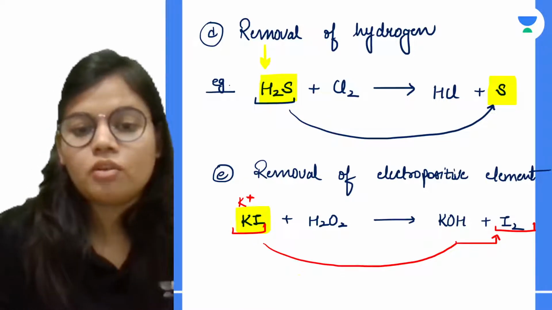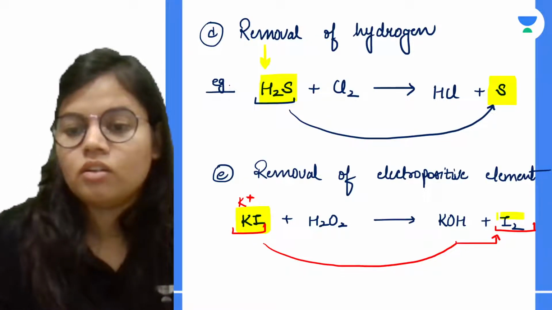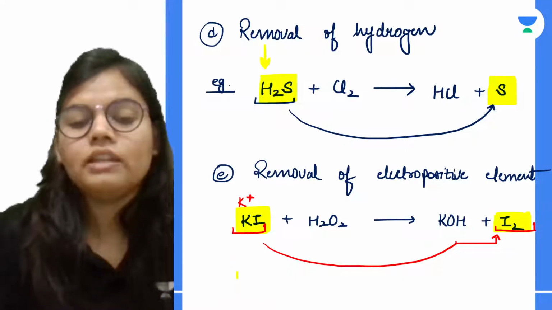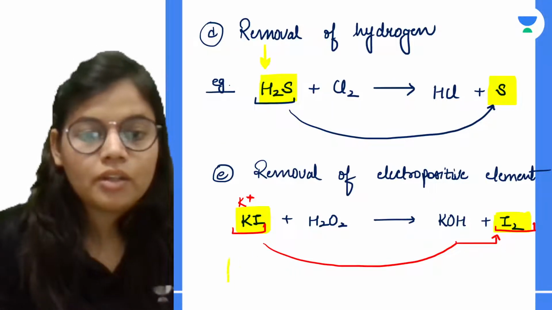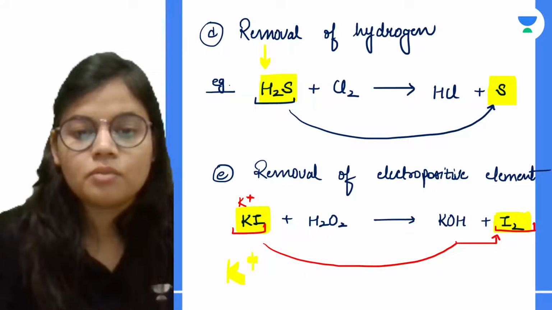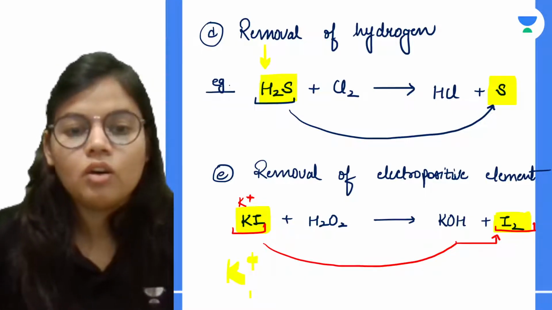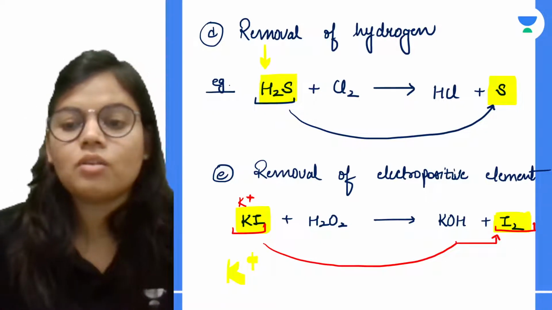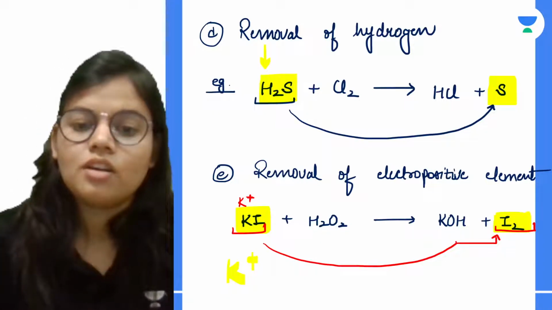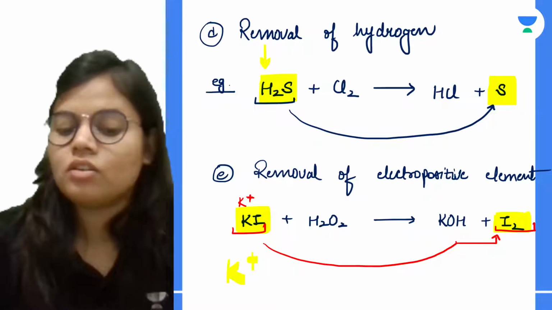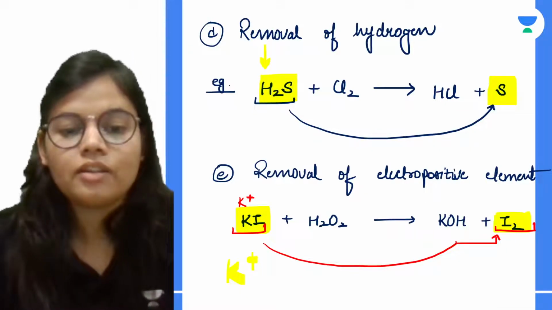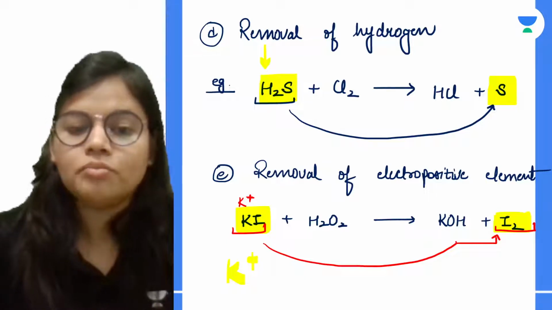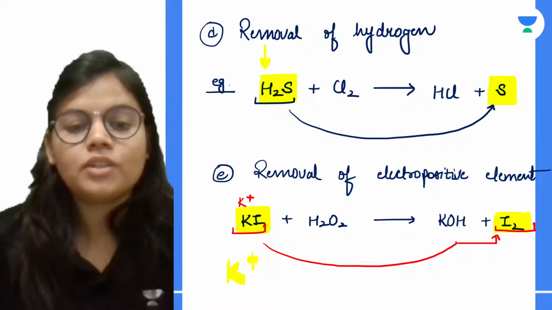Now students, from potassium iodide to iodine, we are losing an electropositive element, which is potassium. And since removal of electropositive element is also termed as oxidation, the compound is being oxidized. The potassium iodide is oxidized to iodine. And how? By loss of potassium.